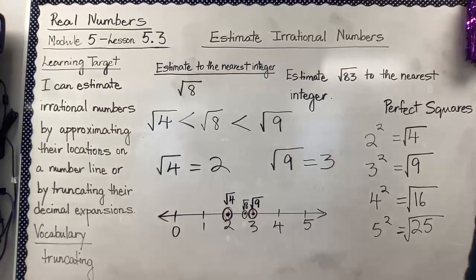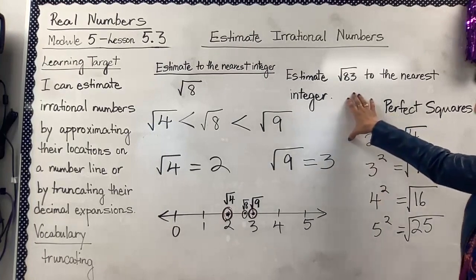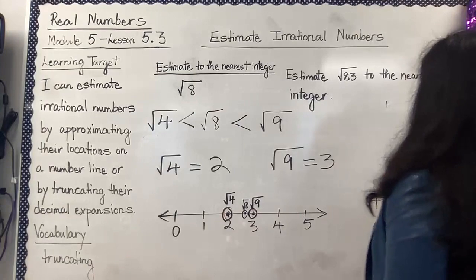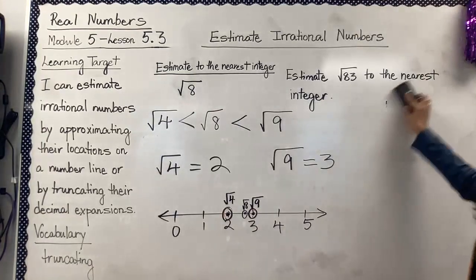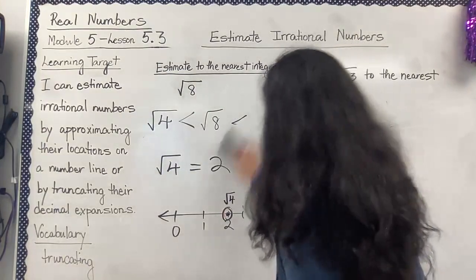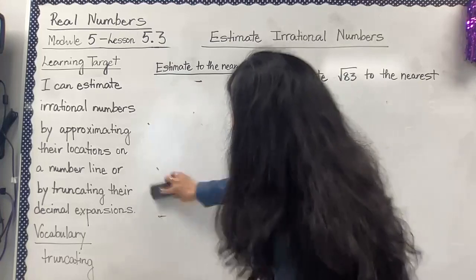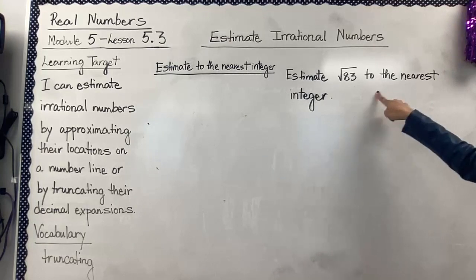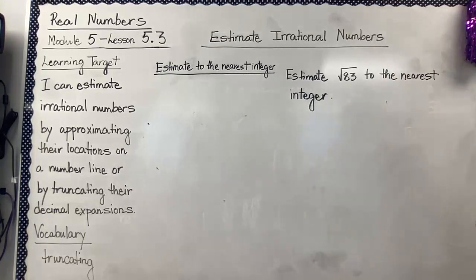Okay, so now let's look at this one, and we are now going to solve. It says estimate square root of 83 to the nearest integer.